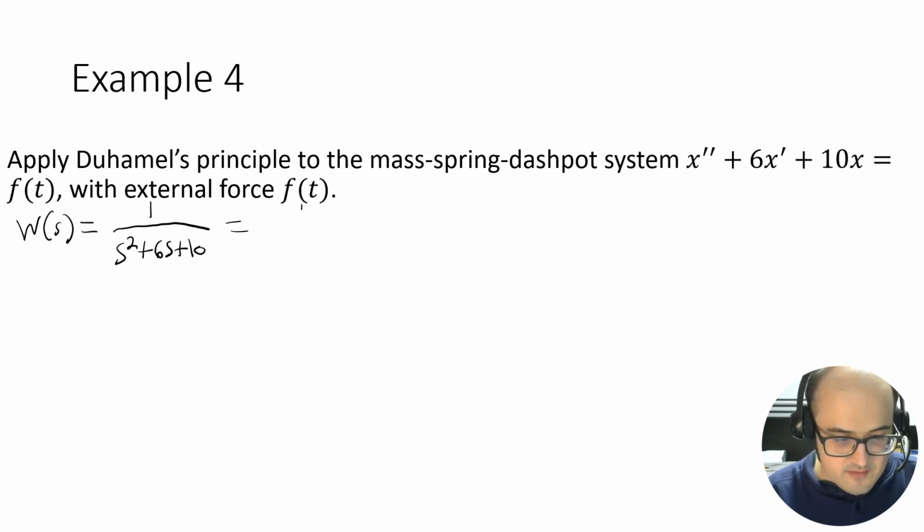So we can factor that. 1 divided by, completing the square, s plus 3 squared, and we have 1 left over, so plus 1. And from that, this is our transfer function.